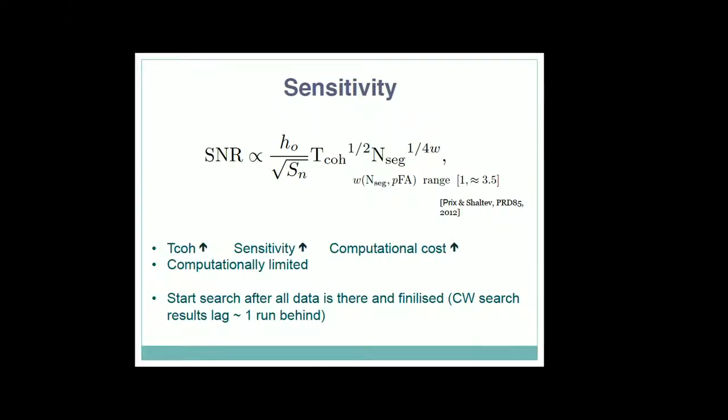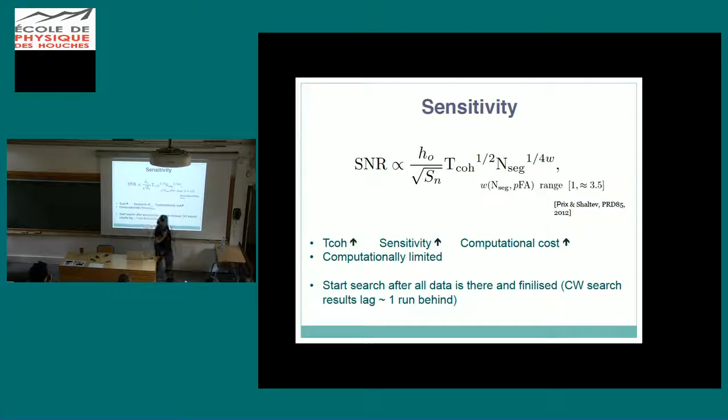So the sensitivity of these searches, don't worry, this is the linear SNR, depends on the intrinsic amplitude, and this is the square root of the noise. It goes, as we expect, like the square root of the coherent observation time, and this is consistent with the FFT idea.